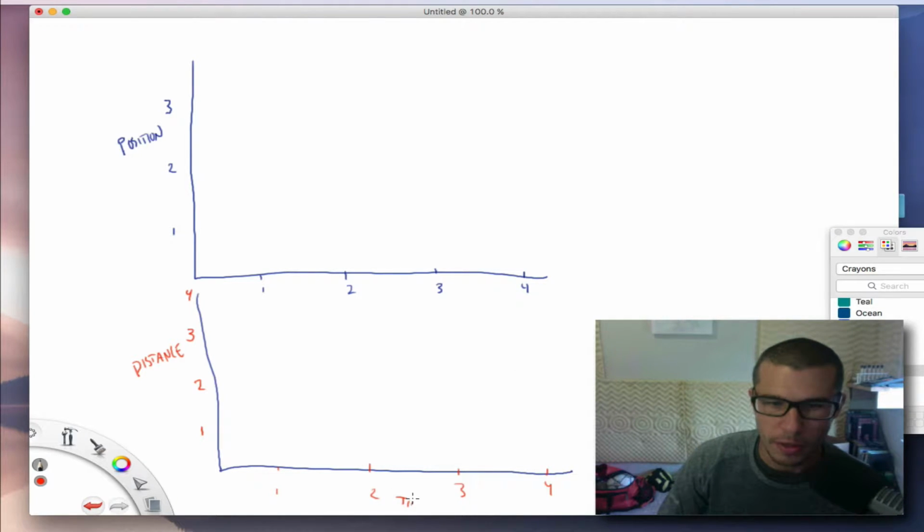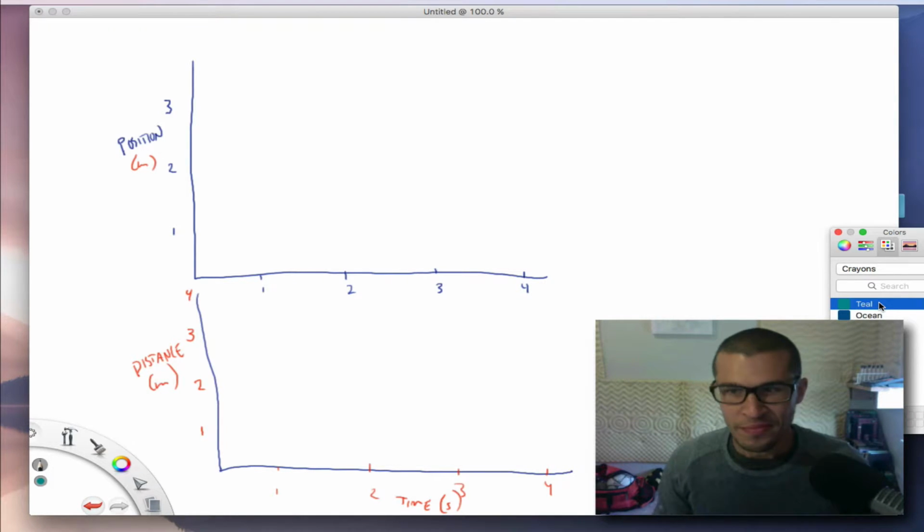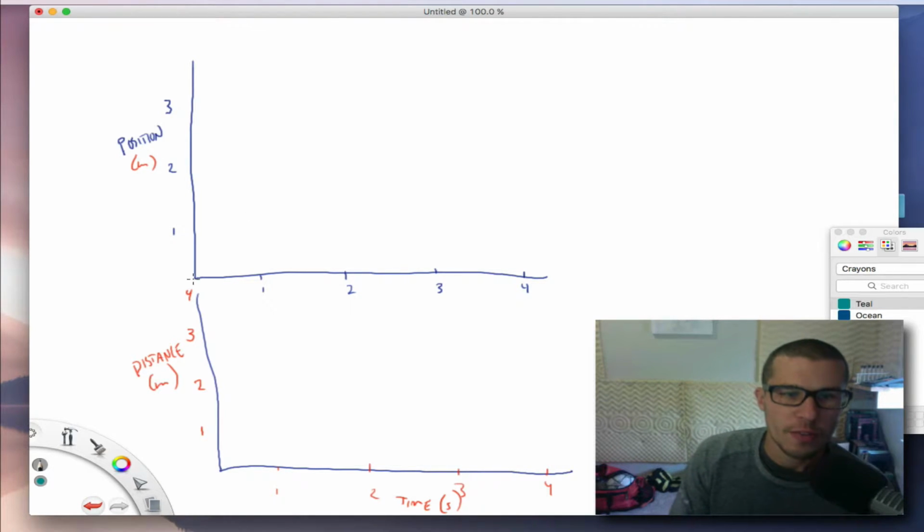So we got time down below, and the same time right here. Let's just say that these are seconds. And let's say that distance is meters, and the same thing for position is meters. Okay, so let's make a little graph. Let's say that we start off from 0, 0 seconds, 0 meters, and an object goes from 0 to 1 meter.